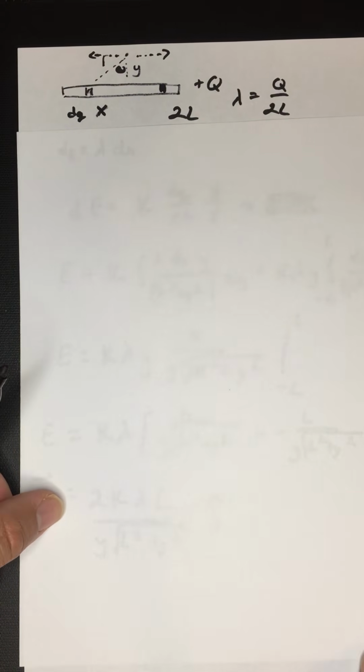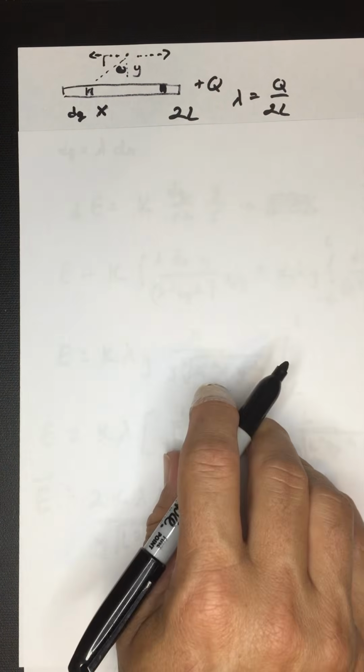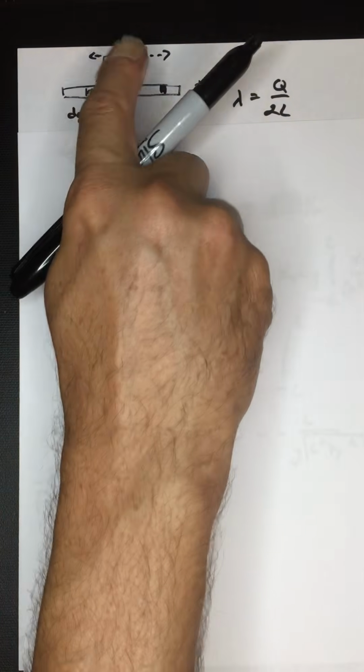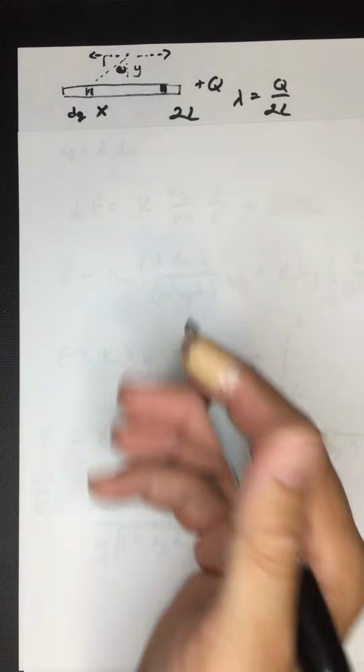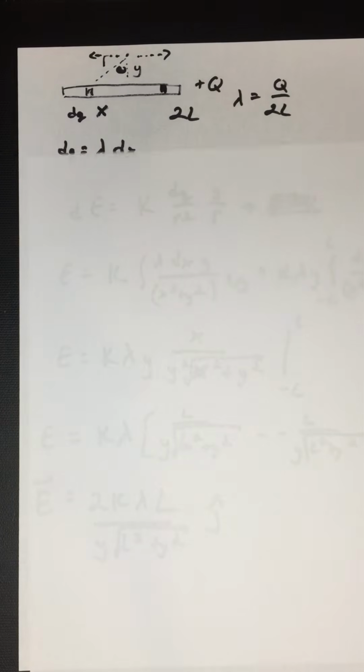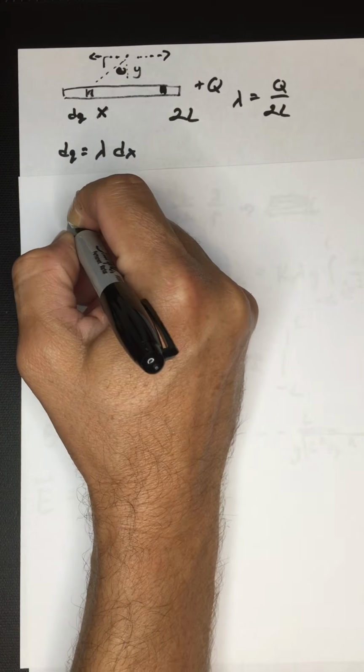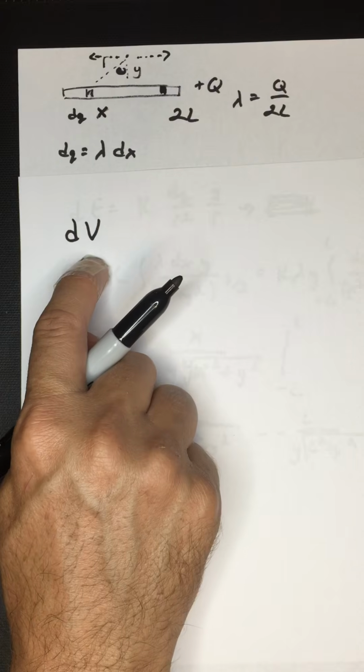So let me put this here so we can see the graphics still. To get the potential at that point, I use the same idea. I have dq here, which I'm going to express as ultimately some lambda dx. But then I just write down the differential form of the potential. This is not a differential volume now.